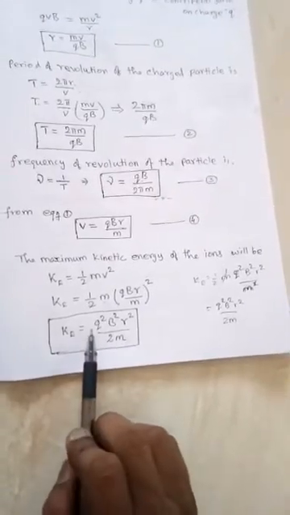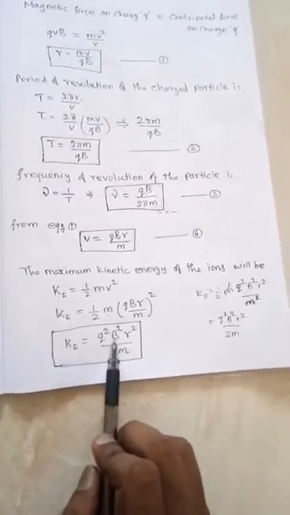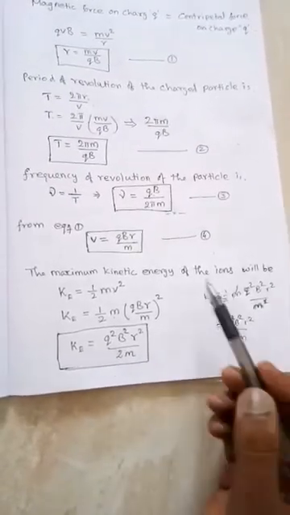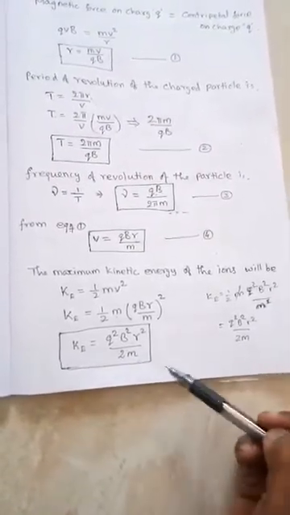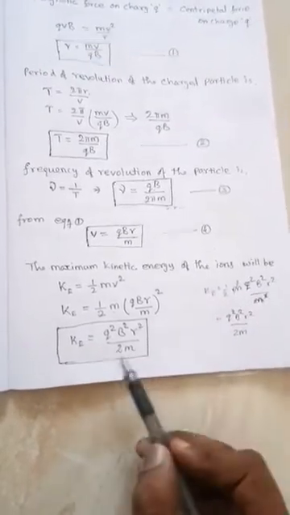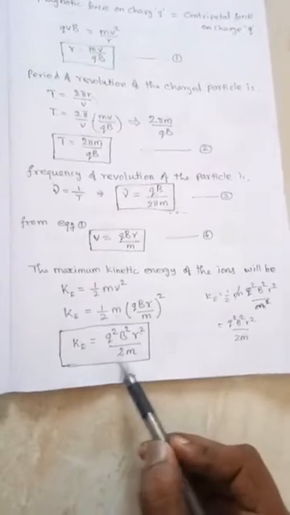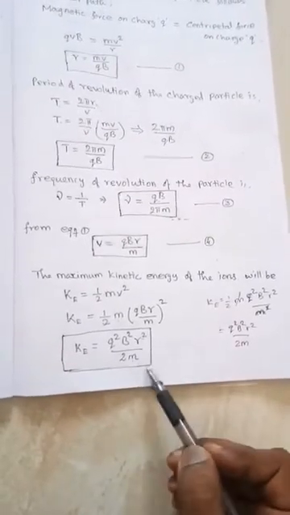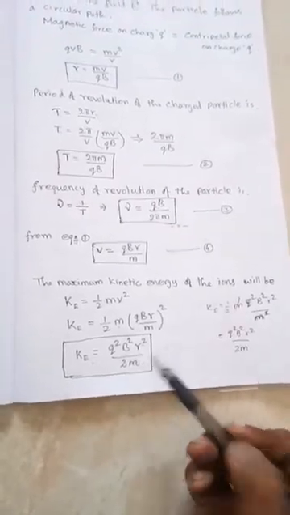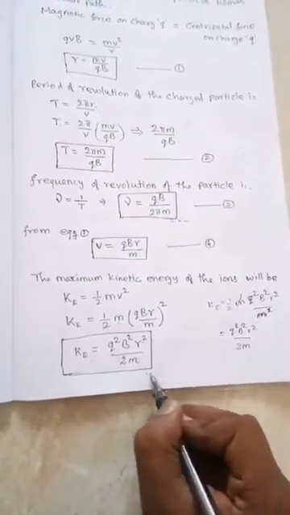Here q is the charge of the particle, B is the applied magnetic field, r is the radius of the circular path the particle moves in, and m is the mass of the particle. We can easily calculate the kinetic energy of the ions or particles. This is the use of the cyclotron.